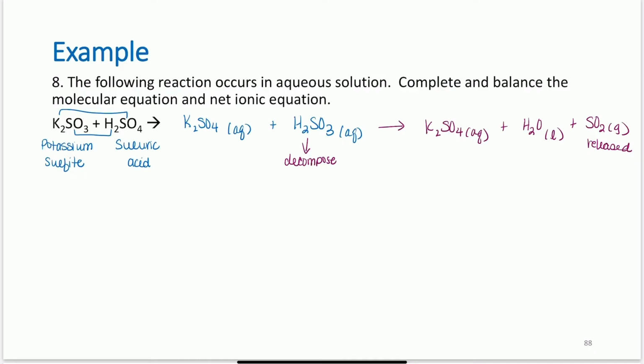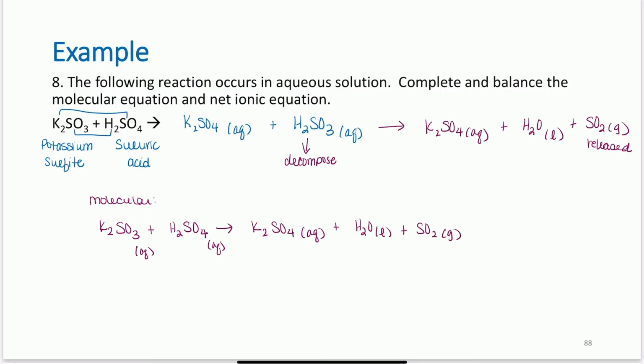So the molecular equation here, K2SO3 plus H2SO4 will give me K2SO4 plus H2O plus SO2 gas, and H2O is a liquid.